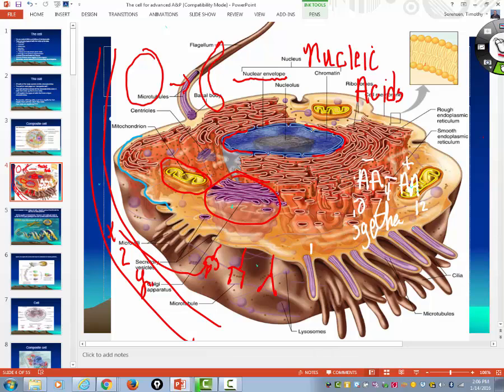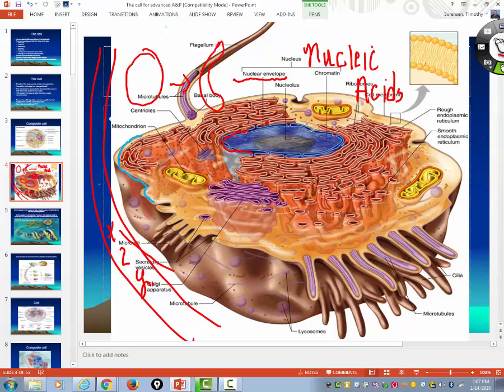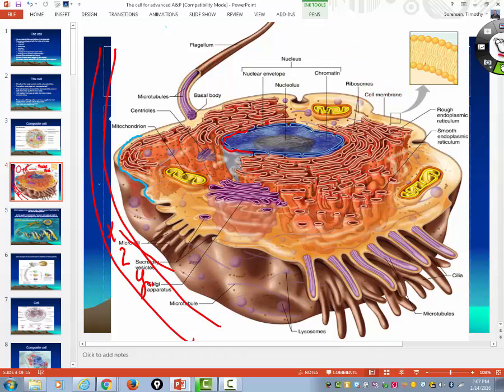Now, what do we eat? We eat animal fat, carbs, protein, and plant carbs, fats, and protein. So what we have to do is break down that hamburger and that salad into its constituents, which are carbs, fats, and protein.